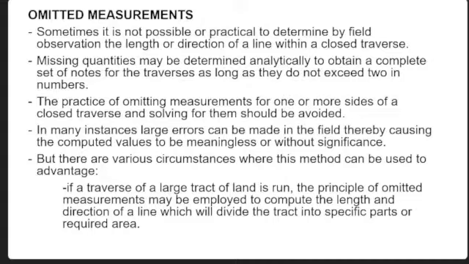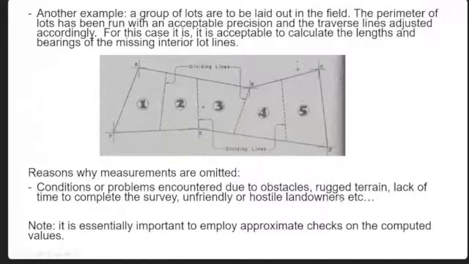So if a traverse or a large tract of land is run, the principle of omitted measurement may be employed to compute the length and direction of a line, which will divide the tract into specific parts or required area. So for example, we have a tract or a land A, B, C, D, E, F, A. So if that is our big tract of land, and for example, yan yung lote na magiging pamana ng parent na ninyo sa inyo.